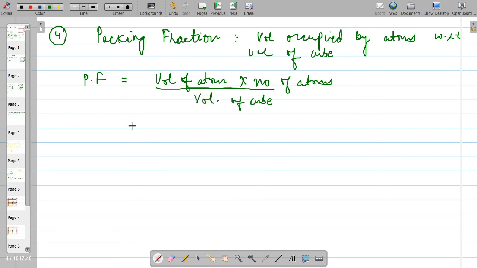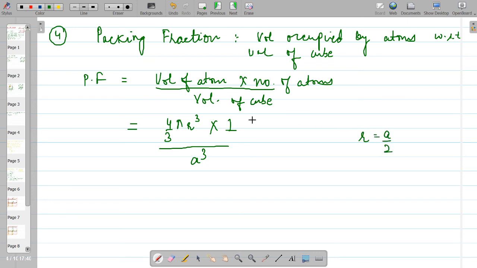ठीक है, तो अगर आप इसका निकालोगे it is very simple. As atom is in the spherical shape, तो इसका वॉल्यूम हमारे पास होगा 4/3 pi R cube. And in the simple cubic structure there is only one atom, so we will multiply it by 1, divided by volume of the cube which is A cube. Now how to calculate this? There's nothing to be afraid of. We know the relation between A and R, that is R is A by 2.